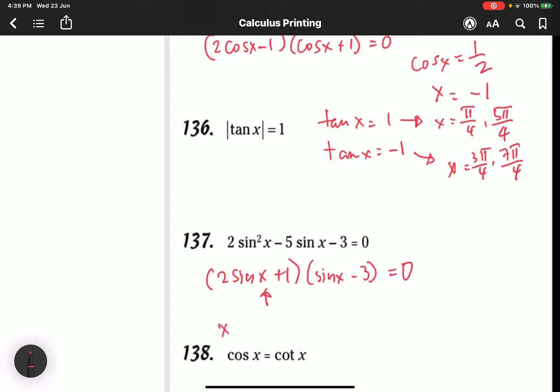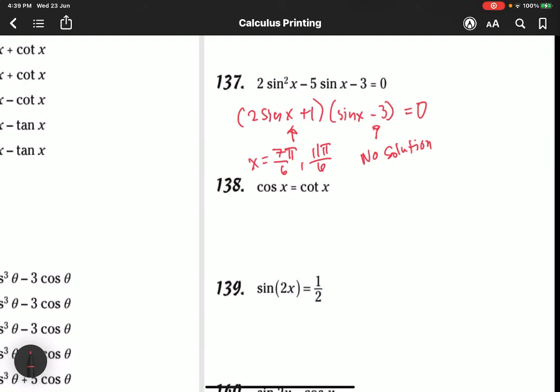We have x equals 1/2. Hindi pala 1/2. 7 over 6 pi. And 11 over 6 pi. Okay? For the second, we have no solution.